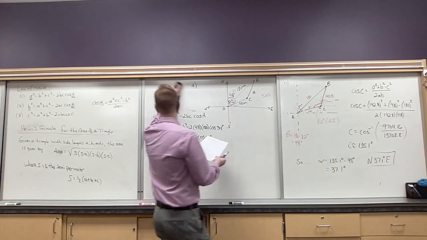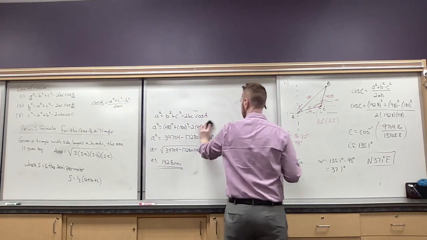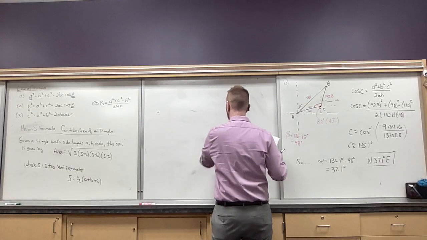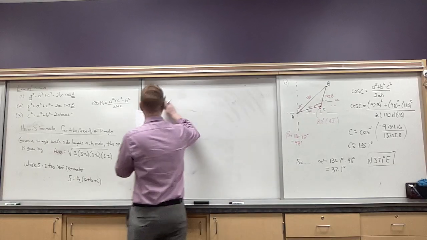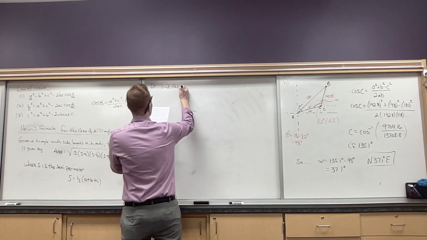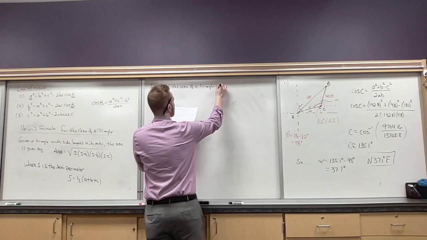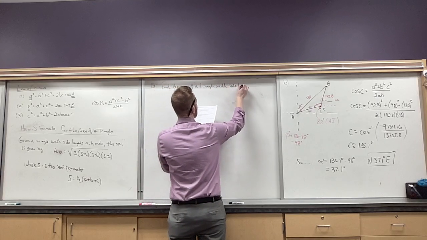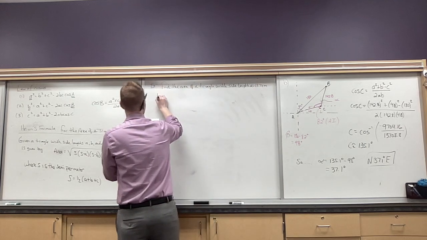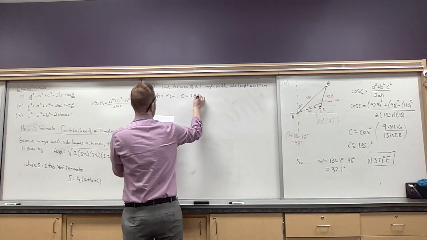So our last example: find the area of a triangle with side lengths of 11.7 centimeters, 15 centimeters, and C is 7.9 centimeters.